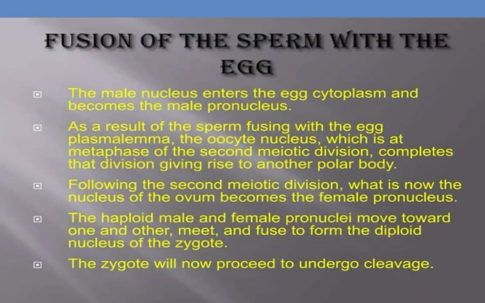The female pronucleus and the entered sperm pronucleus, or male pronucleus, fuse with each other. Both of them are haploid. They attract each other, meet and fuse, forming the diploid nucleus of a zygote. The zygote now proceeds to undergo cleavage.